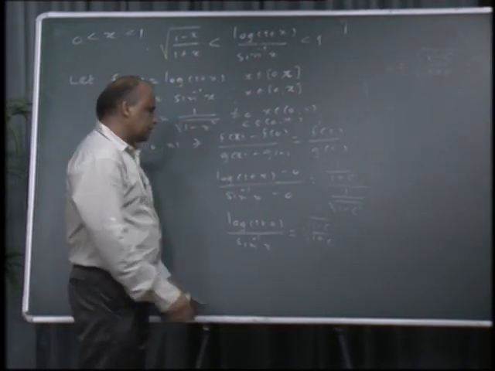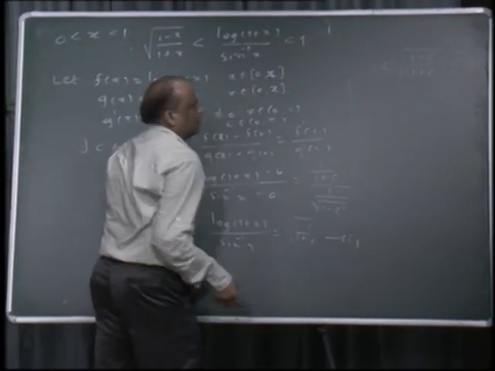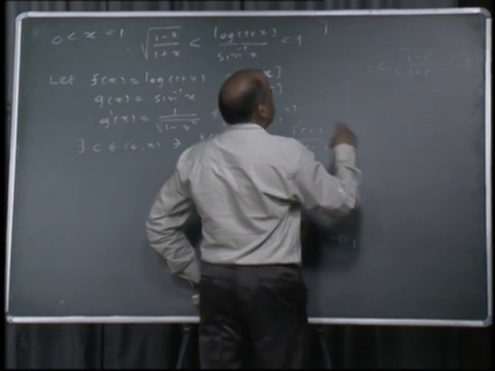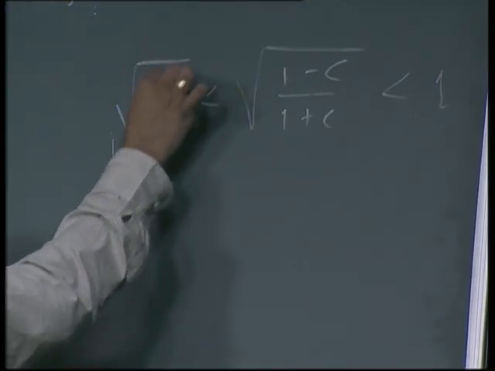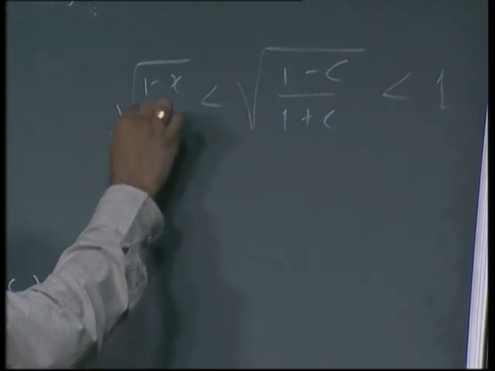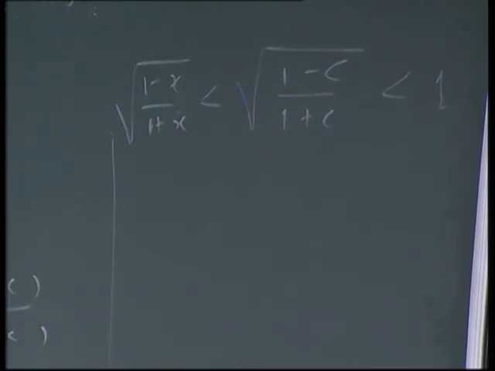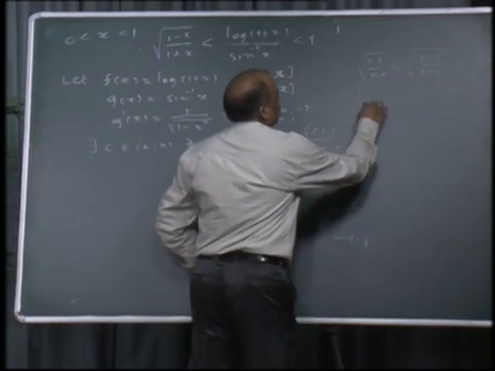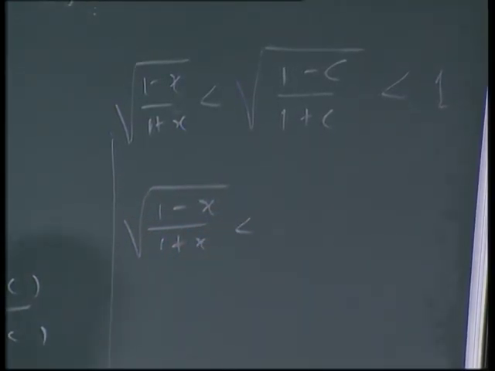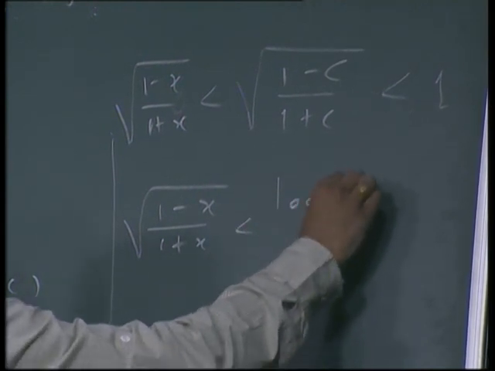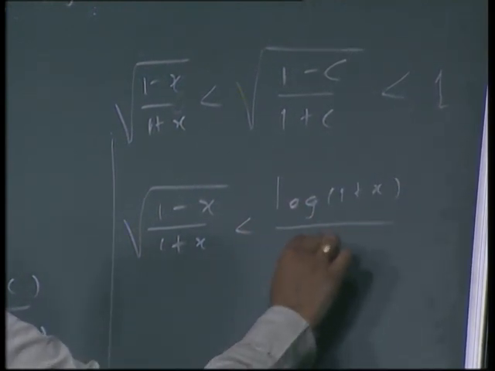Then using this, we may conclude that this lies between root of (1 minus x upon 1 plus x) and 1, and therefore root of (1 minus x upon 1 plus x) is less than log(1 plus x) upon sin inverse x.